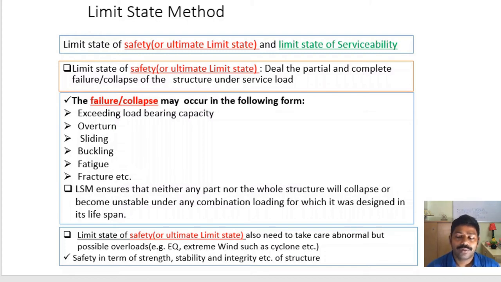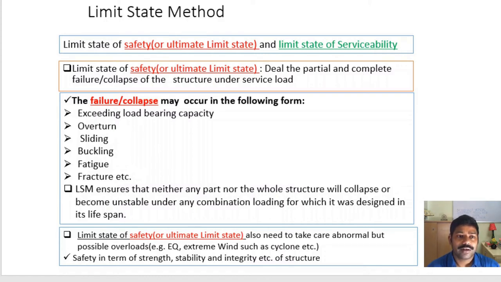The failure may occur for the following reasons: exceeding the load bearing capacity, the structure may overturn, there can be sliding if the boundary condition is not proper, there can be buckling, fatigue, fracture.